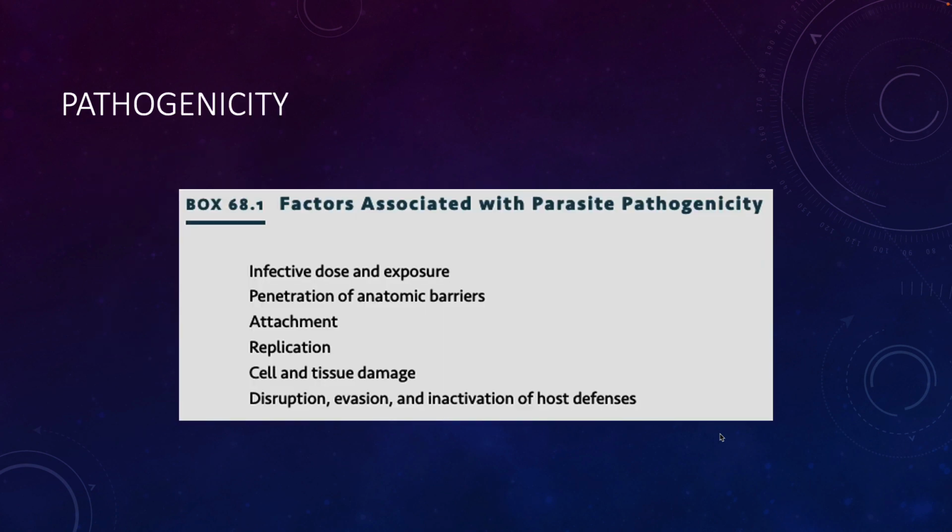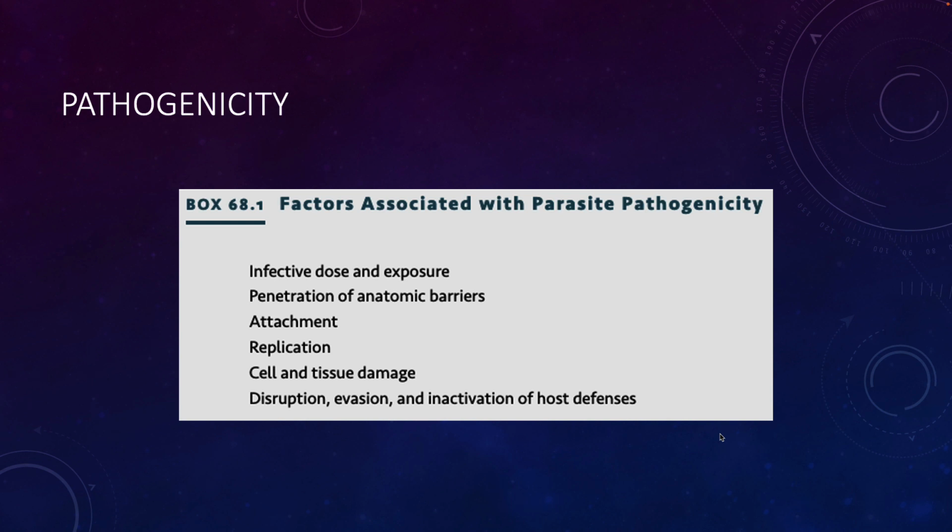When we're talking about the pathogenicity of parasites, just like with all of the other organisms we've talked about, a lot of the factors associated with if the parasite is going to be able to establish infection and cause disease will include the dose that a patient has been exposed to, especially with some of our unicellular organisms.